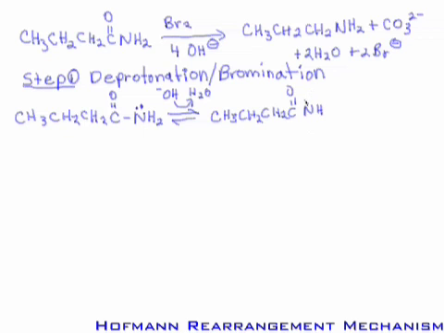Effectively, the nitrogen has 2 lone pairs and a minus. Now, this, you should note, is resonance stabilized, this anion. This contributes to the ability of the base hydroxide to deprotonate the nitrogen. I can dump a lone pair in here.